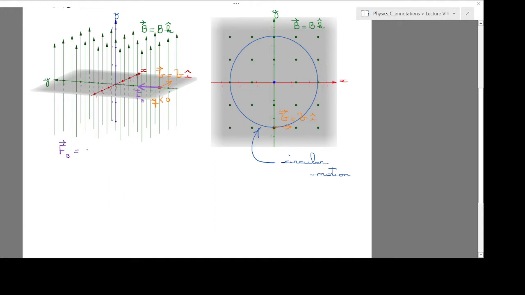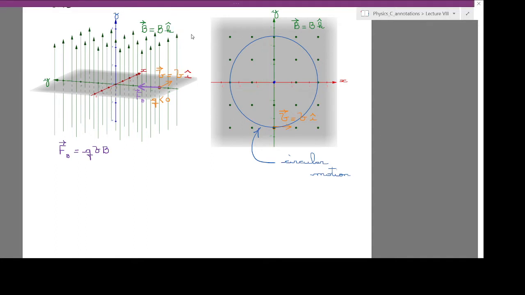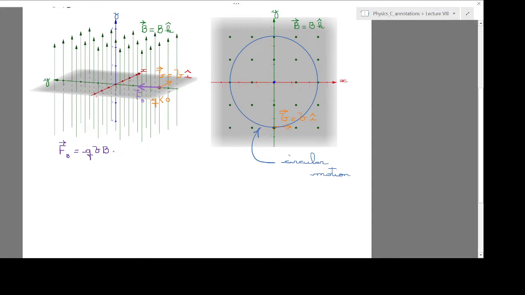Is going to be QvB, and in the J direction, J is blue. No, here is blue. Okay, and of course this force here, since the particle is experiencing a circular motion, is actually balancing or supplying the centripetal force.